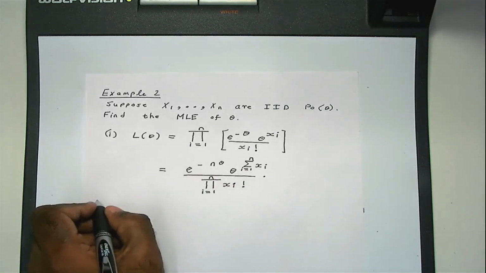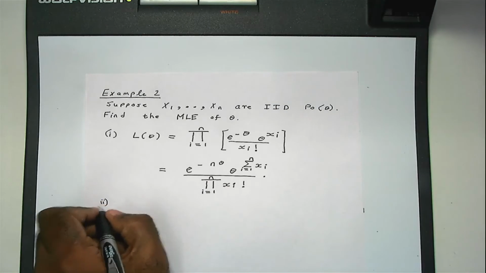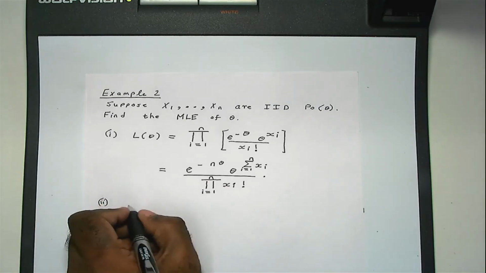The second step is to take the log of the likelihood.